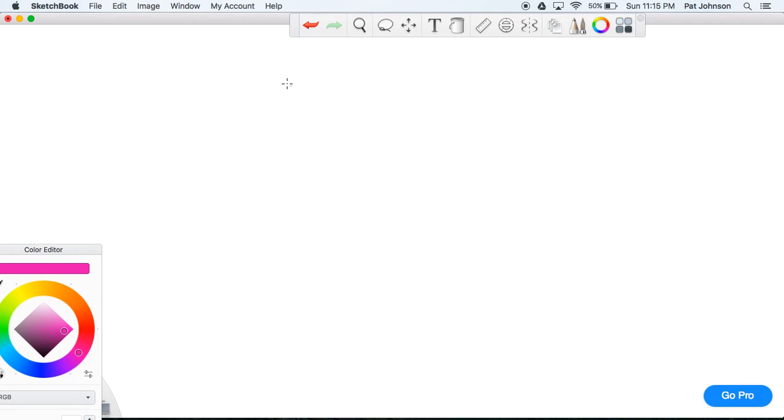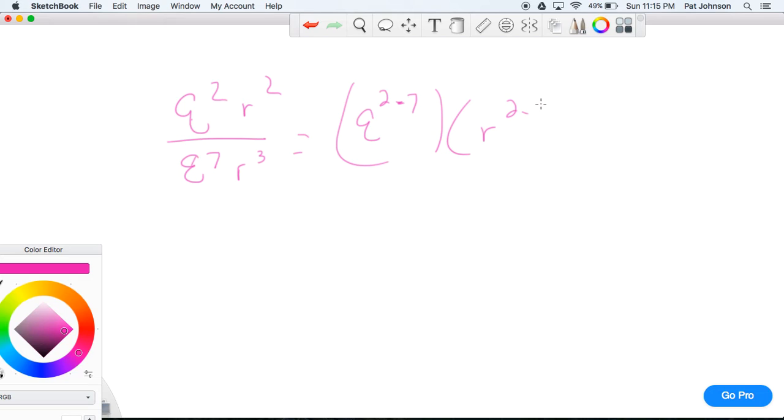Let's look at example B. It's q squared r to the 4th over q to the 7th r cubed. The first thing I'm going to do is simplify. I'm going to use the quotient property. I have the same bases here, so I have q to the 2 minus 7 times r to the 2 minus 3. Oh, sorry, it's 4 minus 3.